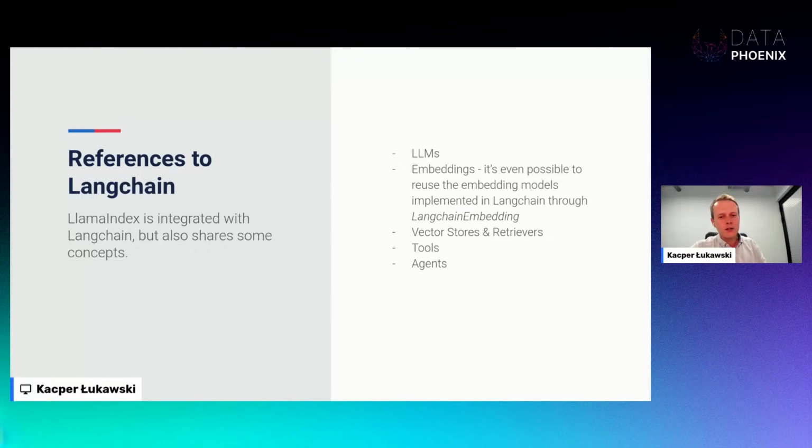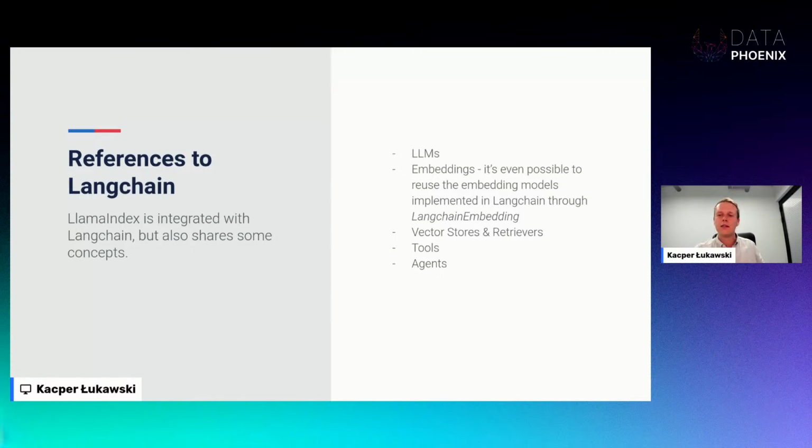This is pretty interesting because Llama Index and LangChain, I thought they would be competitors, but they are also integrated with each other. So you can reuse some embedding models, for example, from LangChain. And this is cool because they are not reinventing the wheel again. They are providing some basic support, but if you want to use some other embedding models, you can freely use those which are available in LangChain.